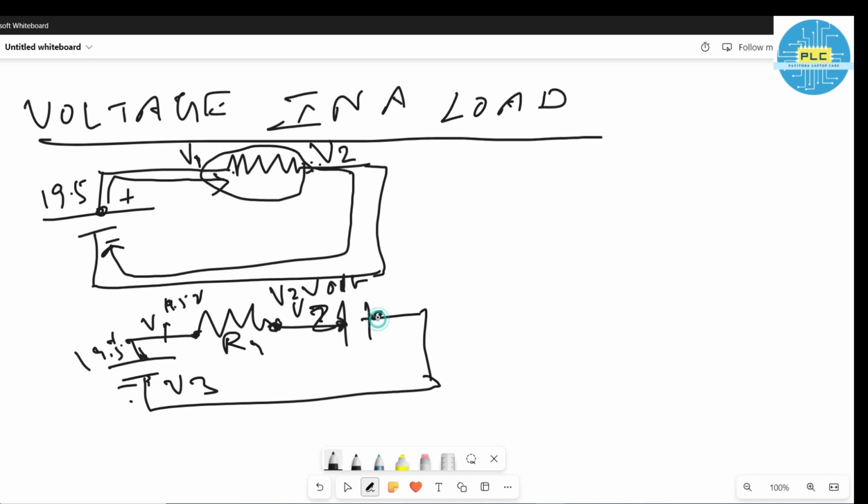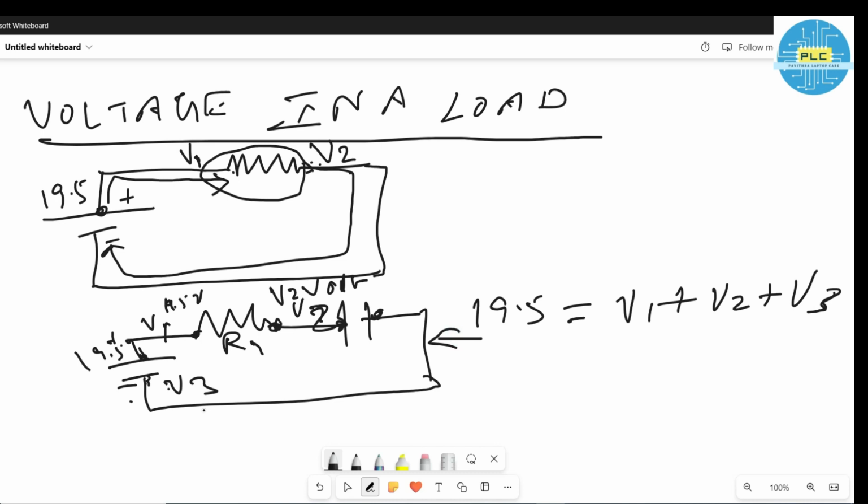After this capacitor, from here to here the voltage value will be changed, so that's called V3. So in the circuit, the total voltage, 19.5 volts, is equal to V1 plus V2 plus V3. In this particular circuit I am talking about.